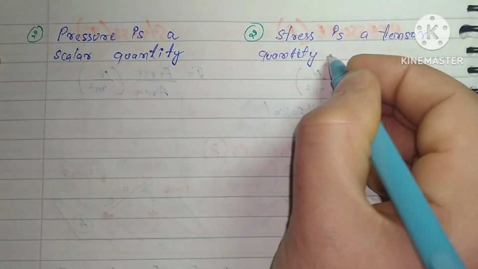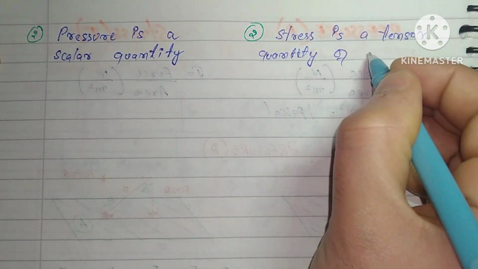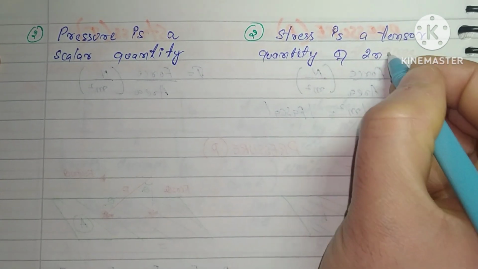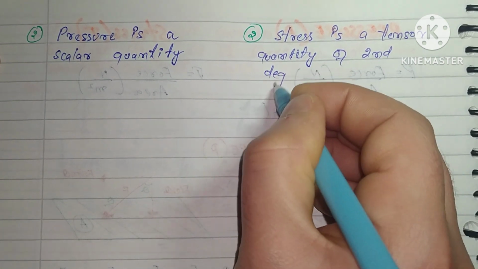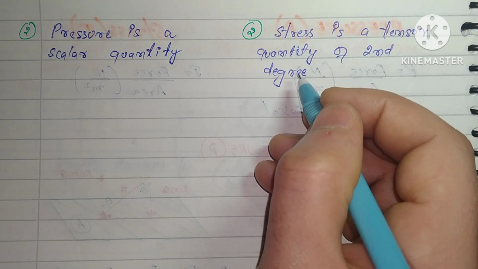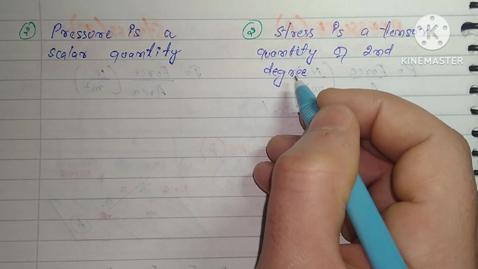It is a tensor of degree 2, a tensor quantity of second degree. Now what is a tensor quantity, what is a scalar quantity, what is a vector quantity, we will discuss in depth in this concept.